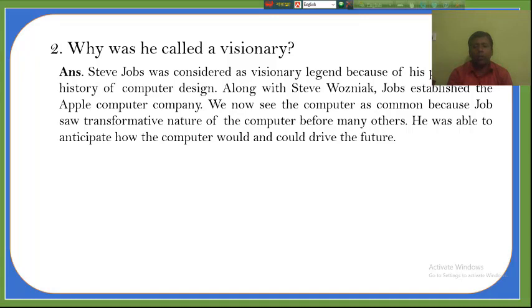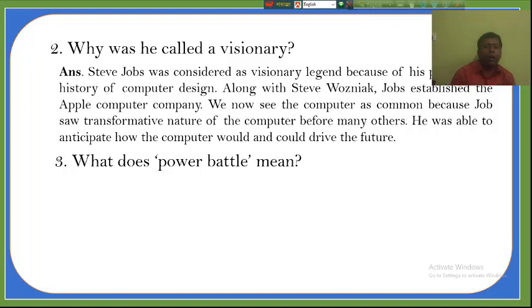We now see the computer as common because Jobs saw the transformative nature of computers before many others. He was able to anticipate how the computer would and could drive the future.